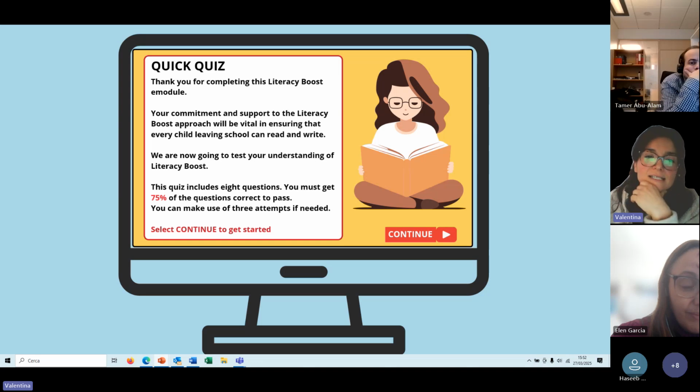So the first example was about accessibility, about the barriers that we can create, maybe for some cognitive disability.